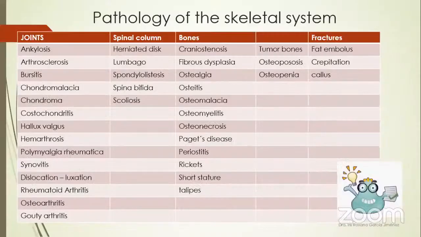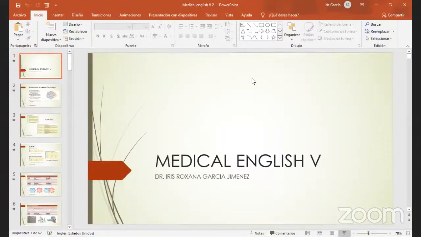And now I see the pathology of the skeletal system. Usually during the systems, when we talk about them, I'm going to show you some pathologies. And in that way, I'm going to send charts like this.